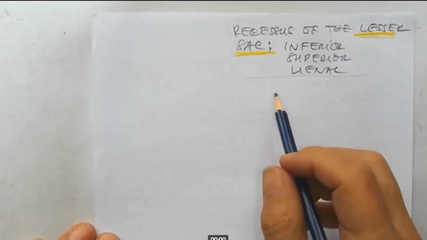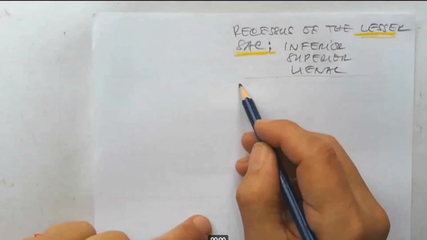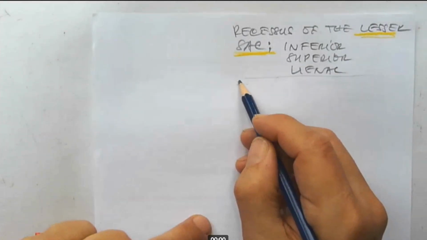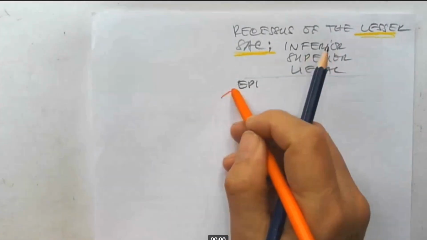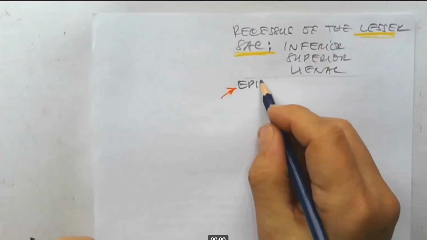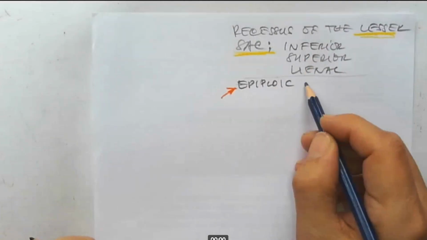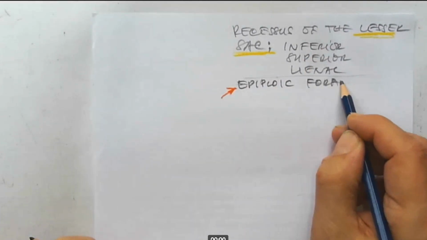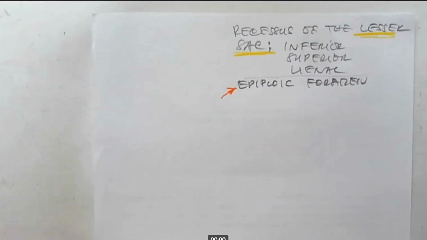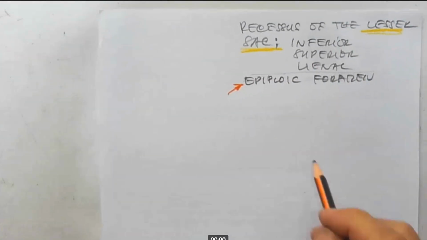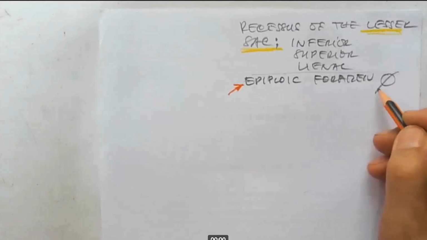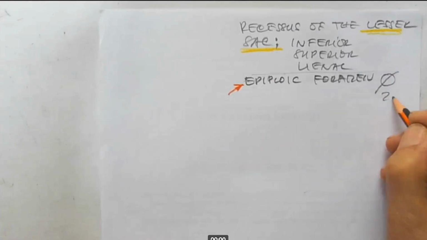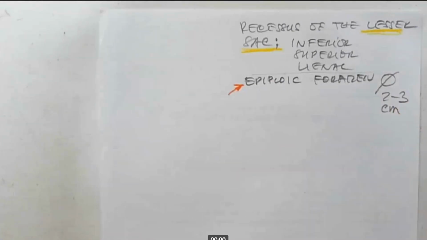So we could say that the epiploic, because now we know that there is the epiploic foramen. Yes, this is that arrow. Epiploic foramen is the entrance, the opening into the lesser sac, and the size is approximately 2 to 3 centimeters, no more.